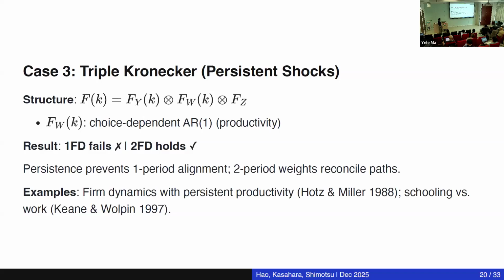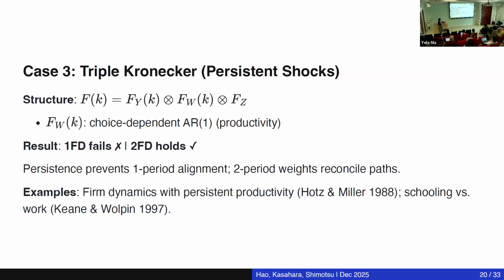And the second shock is some endogenous productivity shock. So if you have been operating in this market, your productivity shock has a higher chance of being higher. And this is some exogenous shock which we can just take away. In this case, one-period finite dependence will fail, but two-period finite dependence still holds.